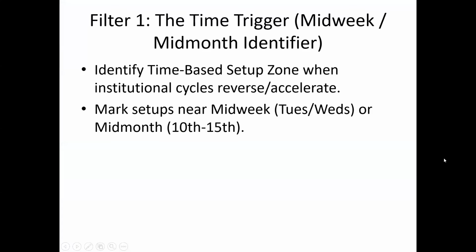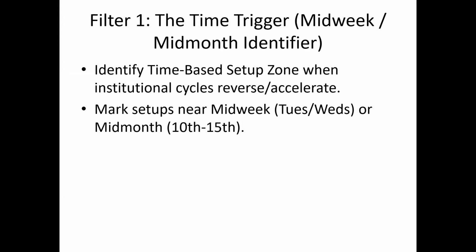The time trigger here comes from constant observation of the market. I have found that mid-week and mid-month are the identifiers. There we can identify the proper trigger, and even the option premium becomes a little bit cheaper. So we are going to identify the time-based zone when institutional cycles reverse or accelerate.